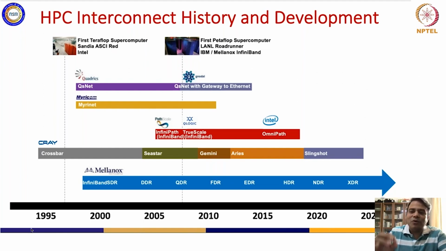The whole aim of all these standards was to have the fattest possible pipe between the compute elements so that we can transfer the highest amount of data in the least amount of time, which corresponds to your bandwidth. It also aimed at reducing the latency of these transfers.